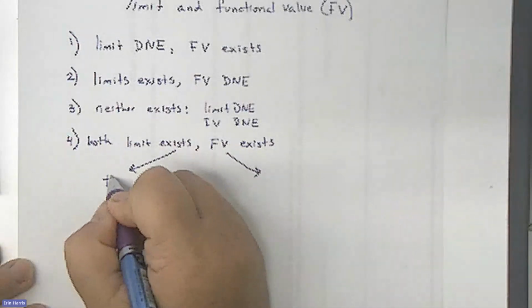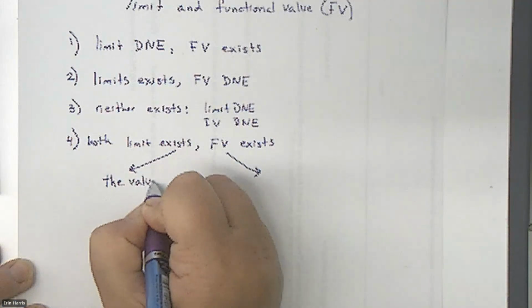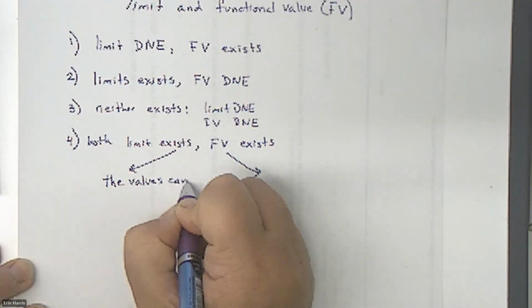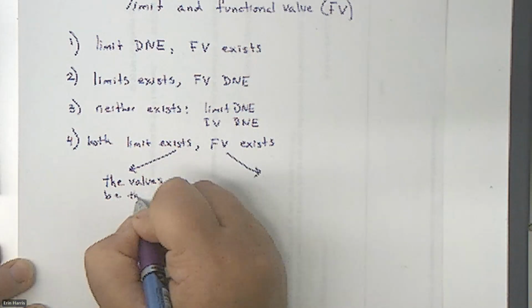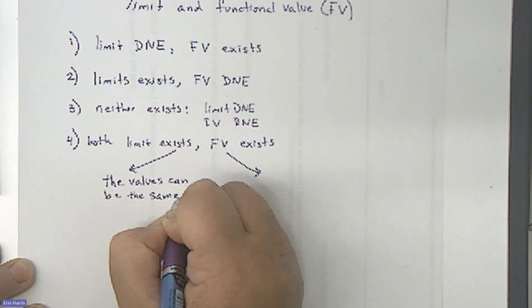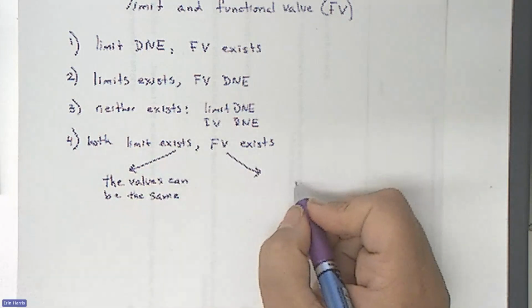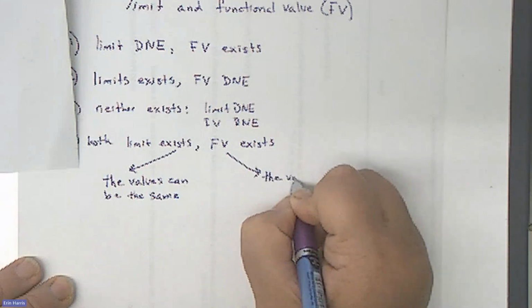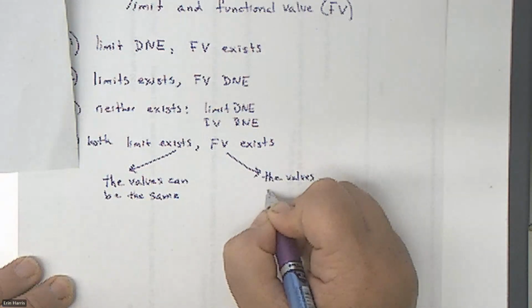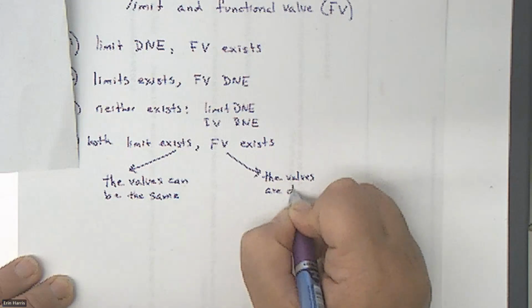So the values can be the same, or they can both exist, but the values are different.